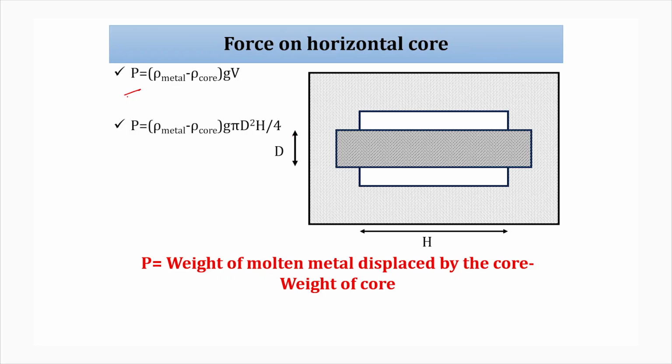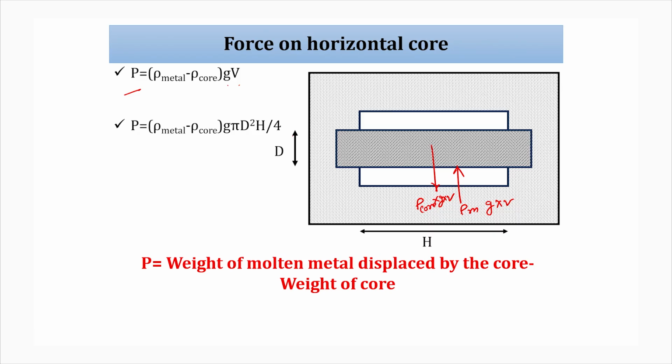Okay. So the force on core P equals rho metal minus rho core into g into V. Very simple. The core means sand, rho core into g into V, is downward, and upward is the buoyant force, rho m g into V. This is the upward buoyant force.